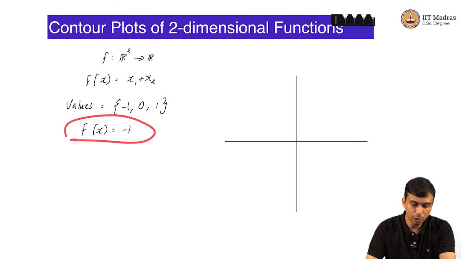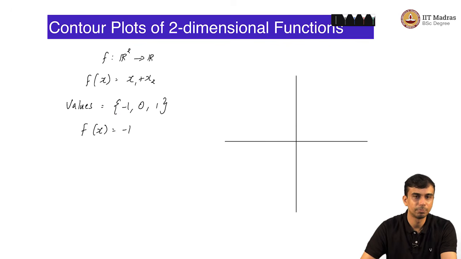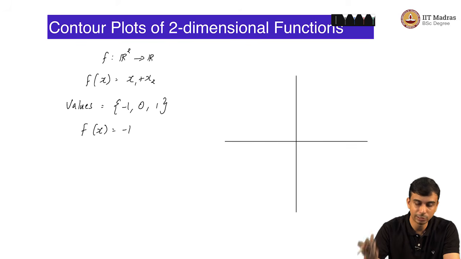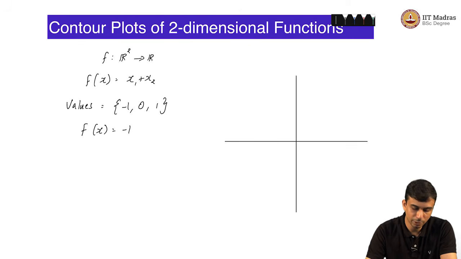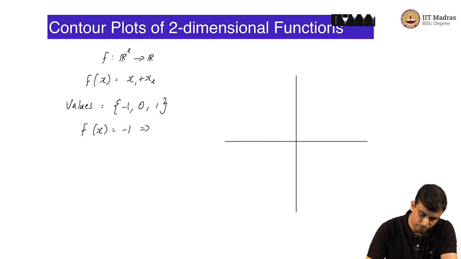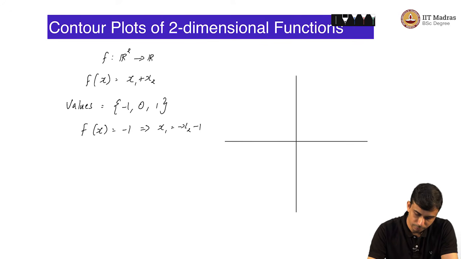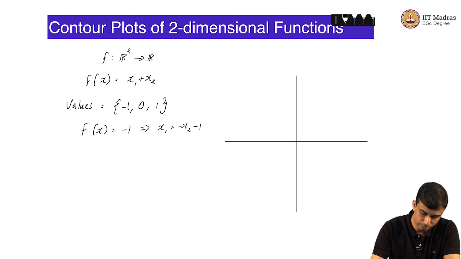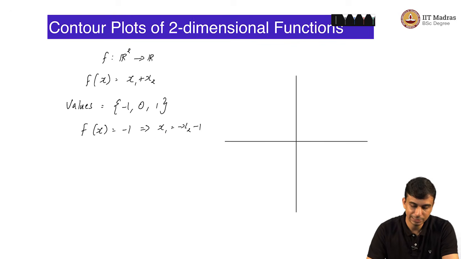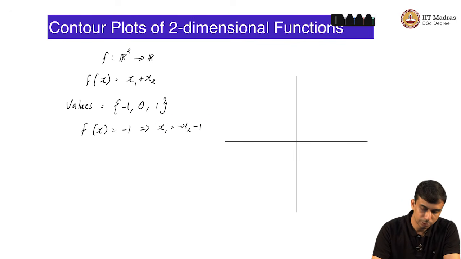We essentially consider all solutions of this x and plot that as a curve. So when you set f of x equal to -1, it means that x1 plus x2 is equal to -1, which means x1 is equal to minus x2 minus 1. If you plot all x1 comma x2 which satisfy this constraint, you would simply get this curve.